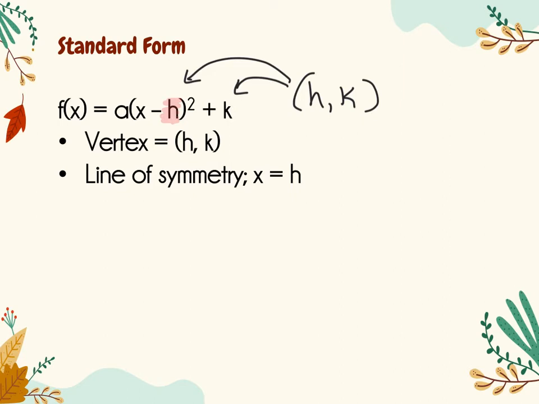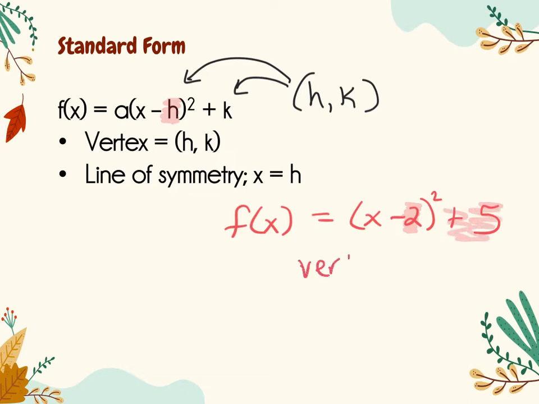For example, if you had f of x equals (x minus 2) squared plus 5, the vertex takes just the 2 in here, because the subtraction is part of the equation, but the 5 is the sign that is there. So the vertex here is going to be 2, 5.